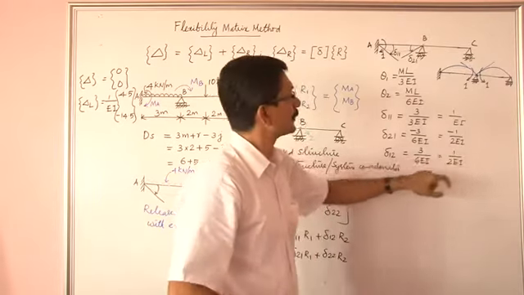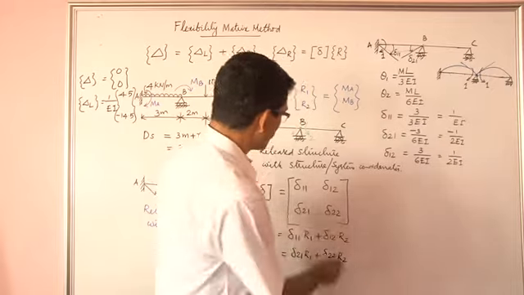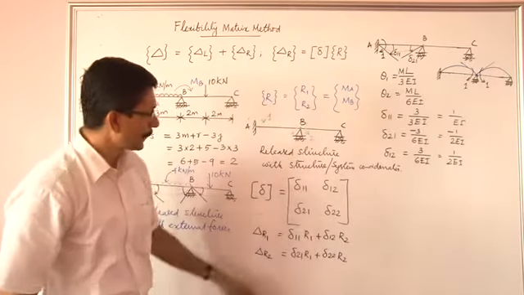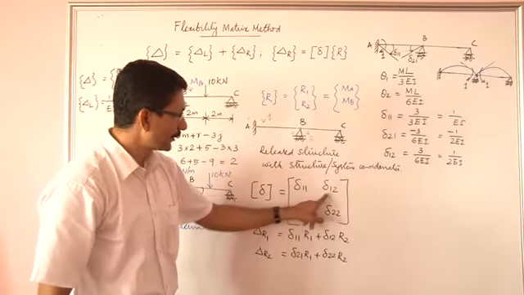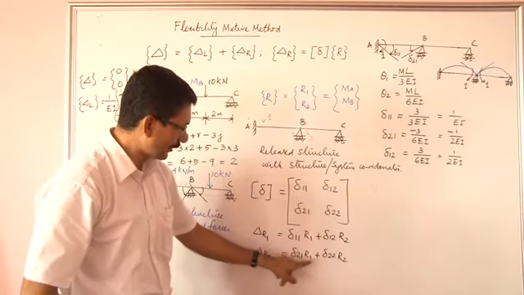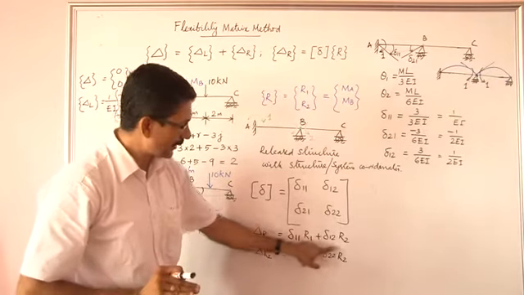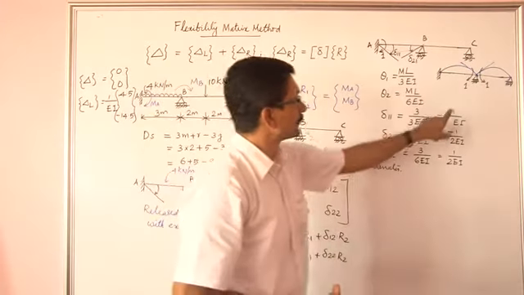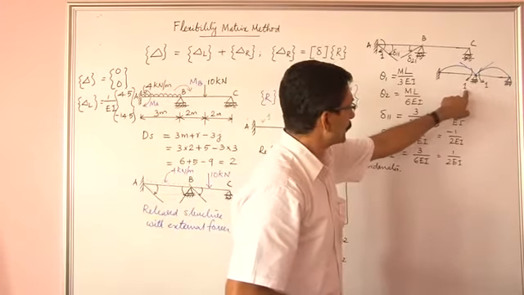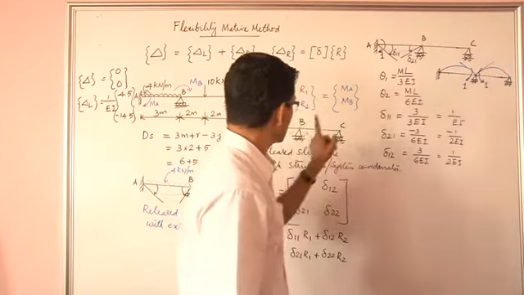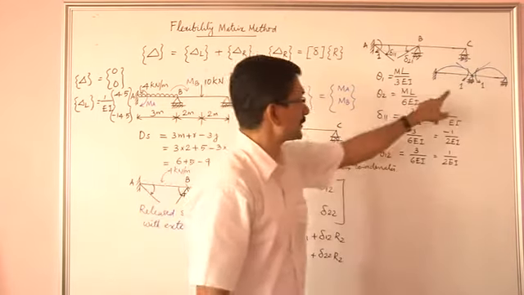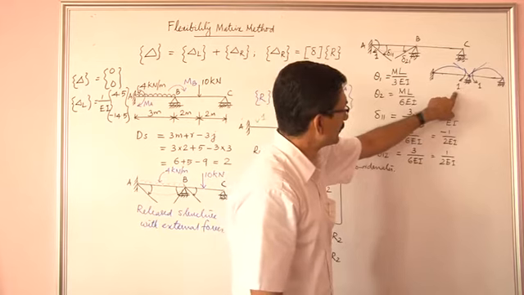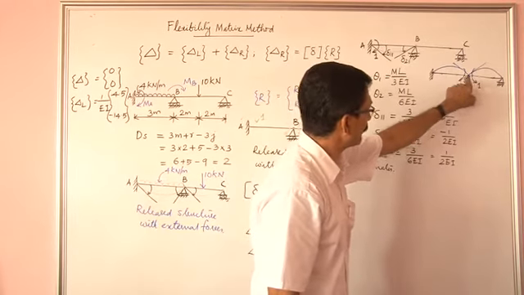Now further, to develop the second column of this matrix, we are going to set the value of R1 to 0 and R2 to 1. So when we apply a moment equal to unity corresponding to the second coordinate, we have this picture. One is applied here, one is applied there for equilibrium.